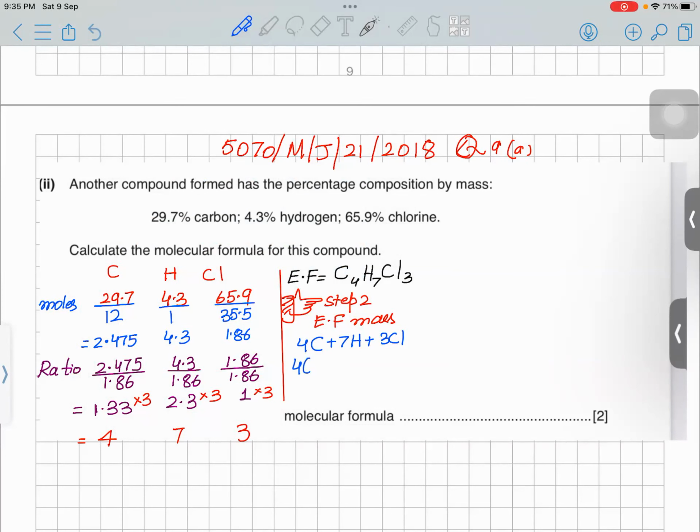Carbon is 12, hydrogen is 1, chlorine is 35.5. Now tell me the answer. 161.5.